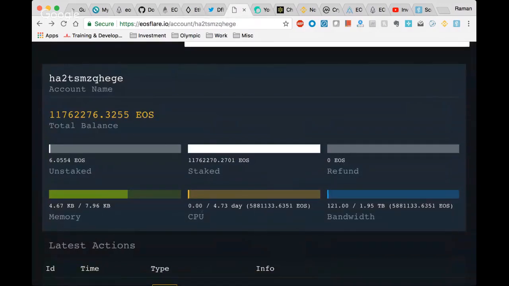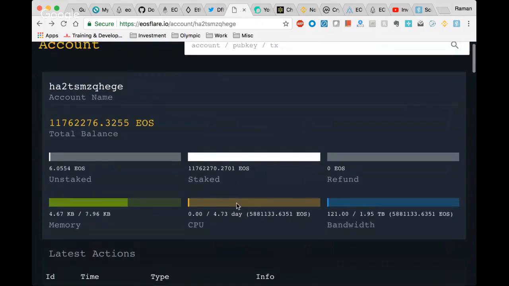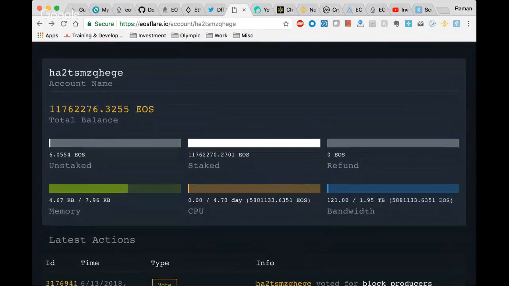And now these tokens are going to be used for CPU and bandwidth. And you will earn the rents, however this community will work. When you actually stake them, you will be making EOS in return. And the only place where it gets converted into money and some reward is when you go to an exchange and sell it for US dollars.